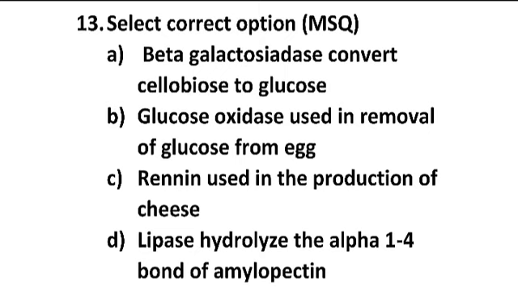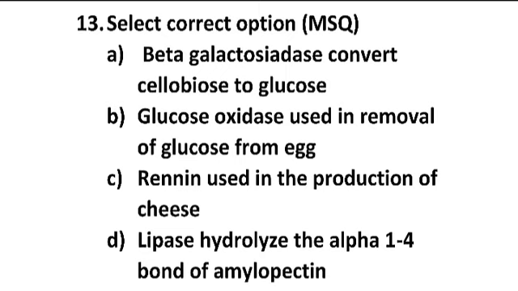First option is correct. Beta galactosidase is used to convert cellobiose to glucose. Second option is also correct. Glucose oxidase is an enzyme which oxidizes glucose to gluconic acid in presence of oxygen, and it removes traces of glucose and oxygen in a variety of food products such as beer, cheese, dried egg, fruit pie, wine, etc. Option C is rennin used in the production of cheese.